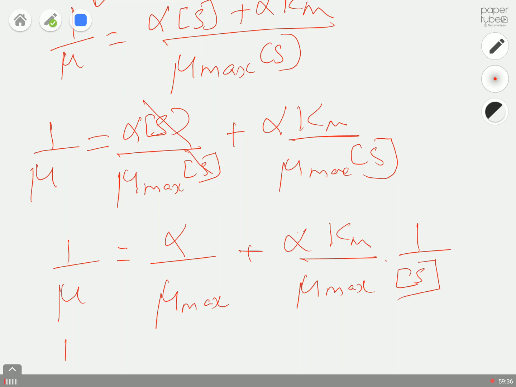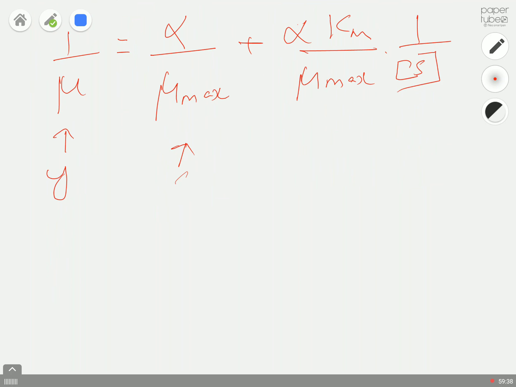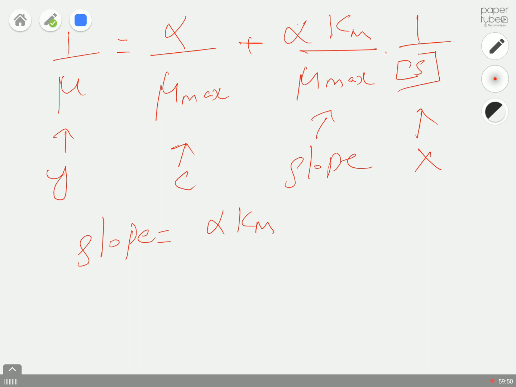So this is your y, this is your intercept c, this is your slope, and this is your x value. So your slope will be equal to alpha Km by mu max, and your intercept will be equal to alpha by mu max.